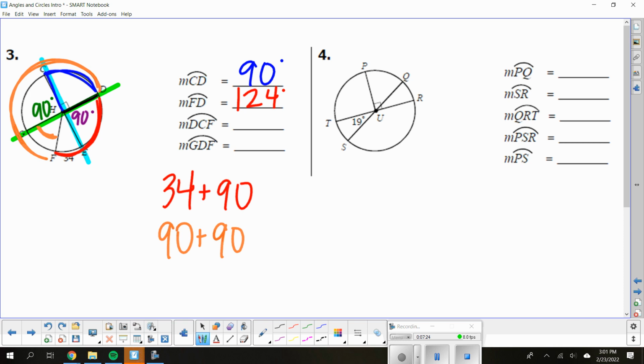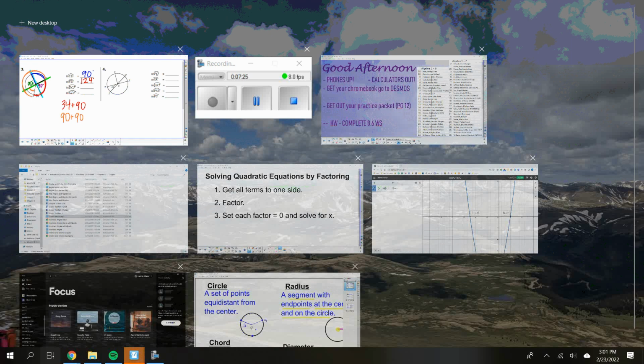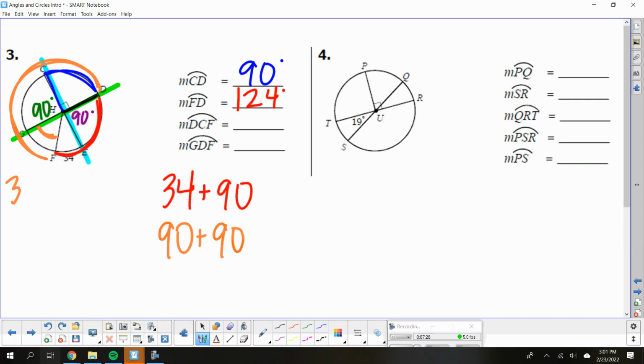Well, I can find it. I can do 360 minus my two 90s, minus my 34 to get that tiny piece, which is going to be 56. Add another 56 for a total of 236 there.